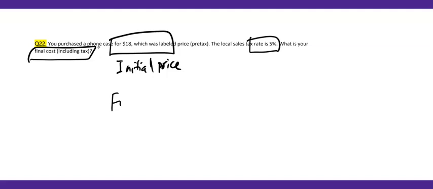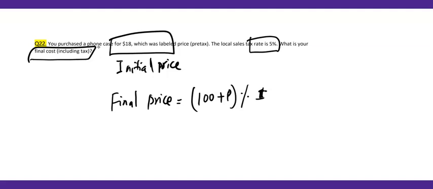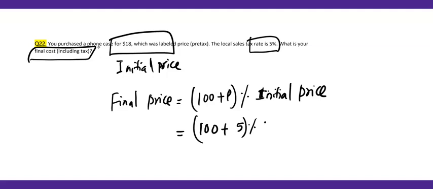So again, we have the formula for that. Final price equals 100 plus p% times initial price. So 100 plus p, where p is 5%, times the initial price of $18.